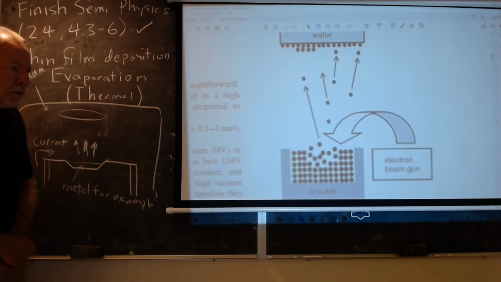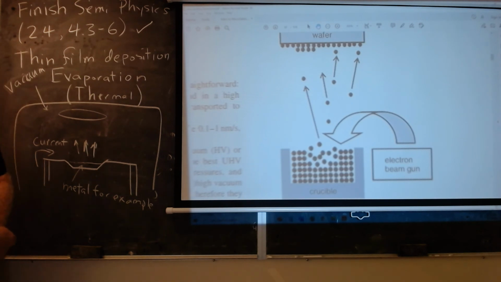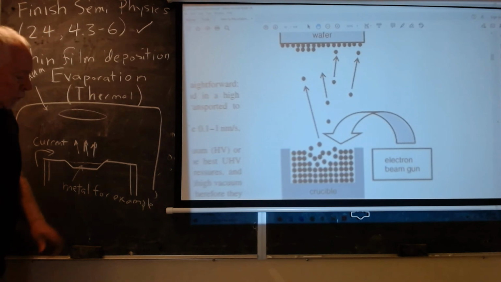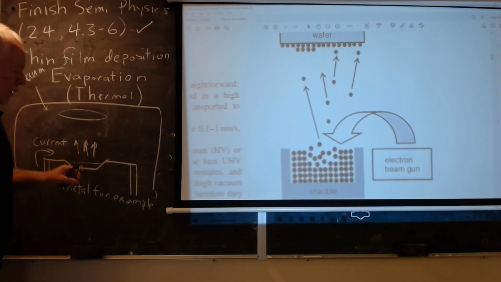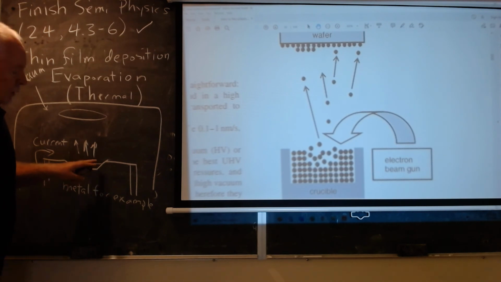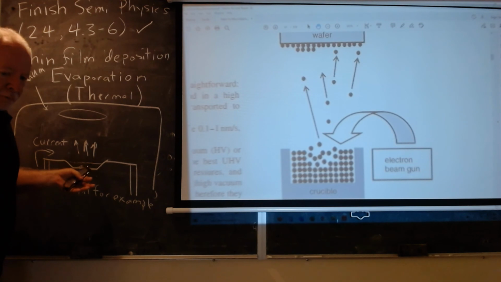Now, where theory comes into play here a little bit is, getting back to our analogy that you're boiling a metal, well, you are to a certain extent. And so one thing that can go wrong with thermal evaporation is that you get particles of metal that eject that aren't in vapor form.